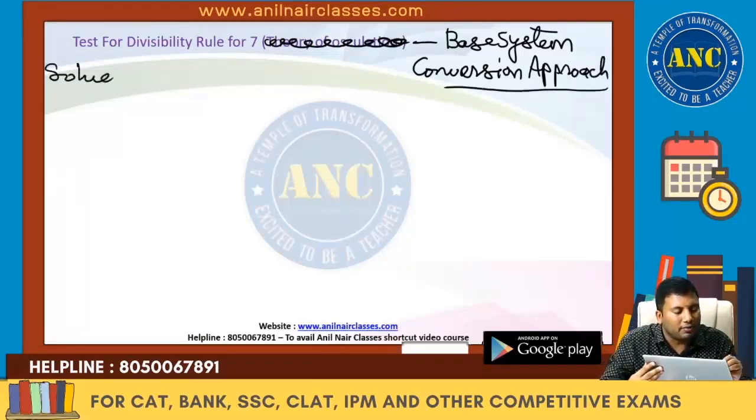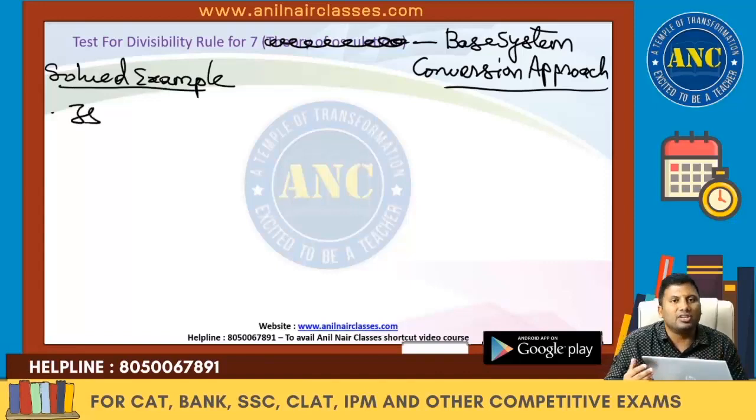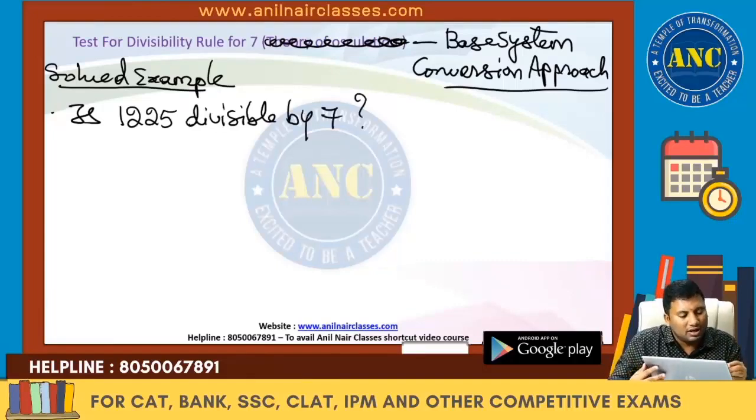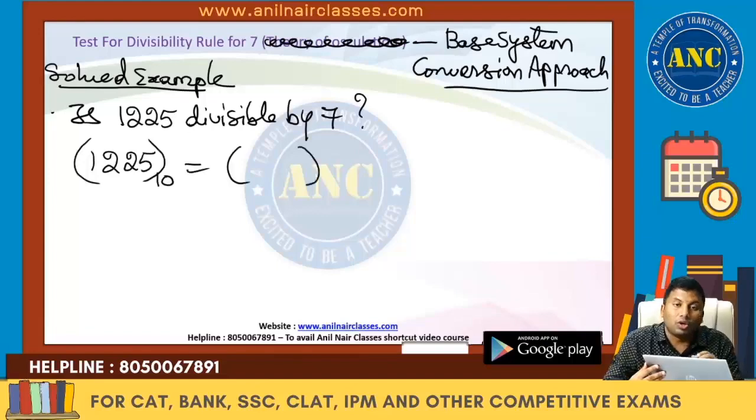Solved example. Every class of mine will change the way you think about aptitude. Is 1225 divisible by 7? The approach: 1225 is in base system 10. I want to check divisibility by 7, so I will convert into base 8.